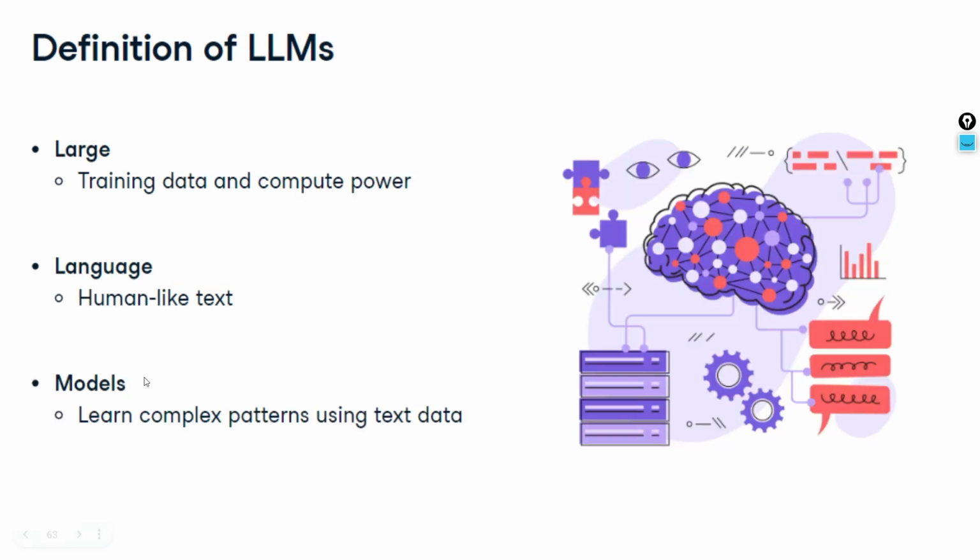And the models are able to understand the complex patterns used in textual data. So large represents the huge amount of data, language represents that the model is able to understand different types of textual data or languages, and the model is able to learn complex patterns using this textual data.